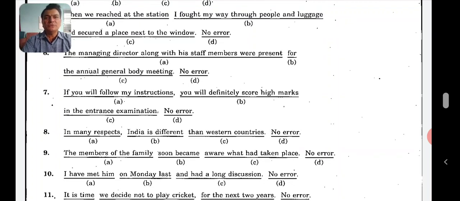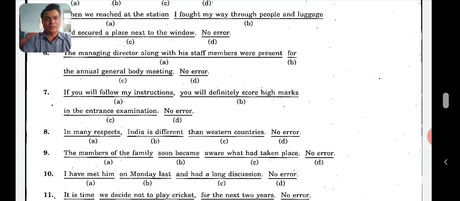And what is the former subject? The managing director. Is it singular or plural? It's singular. And therefore, the helping verb should be was present. Was. In place of were, what should have been there? Was should be there. The managing director along with his staff members was present for the annual general body meeting.